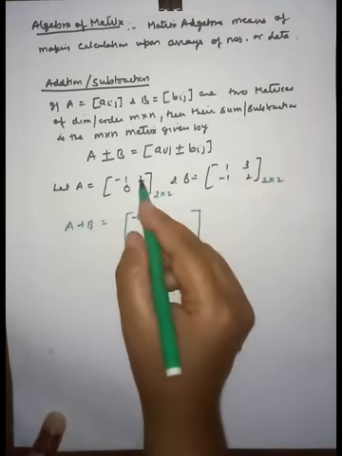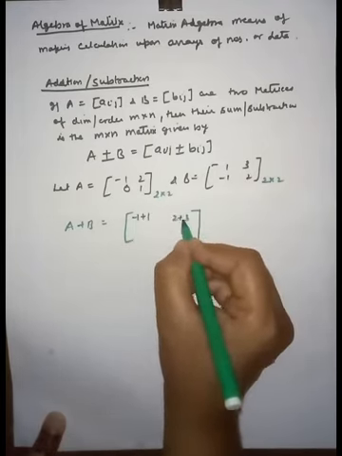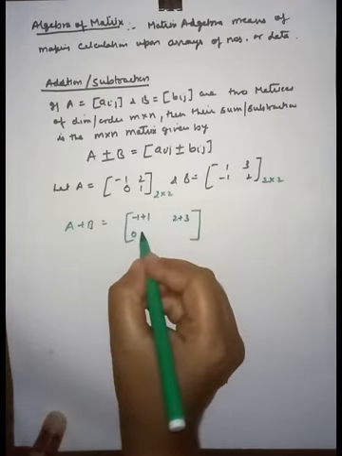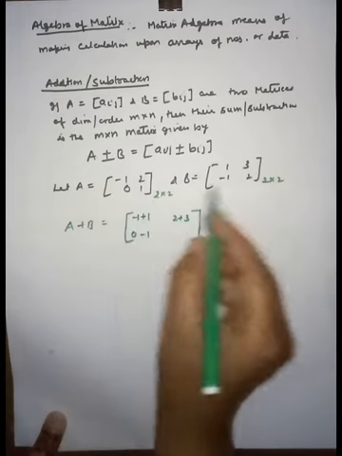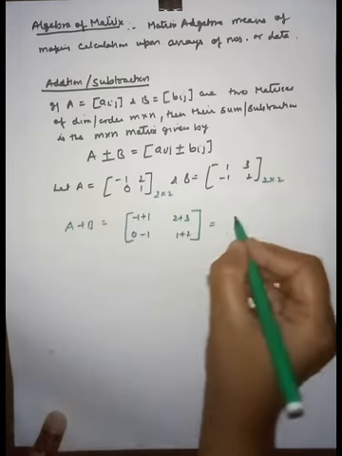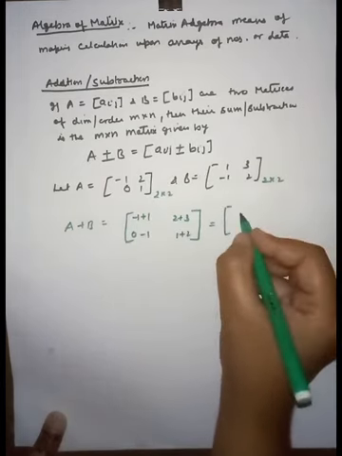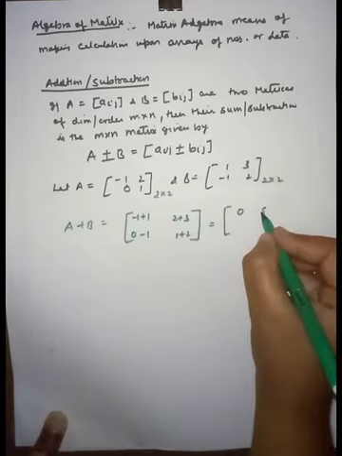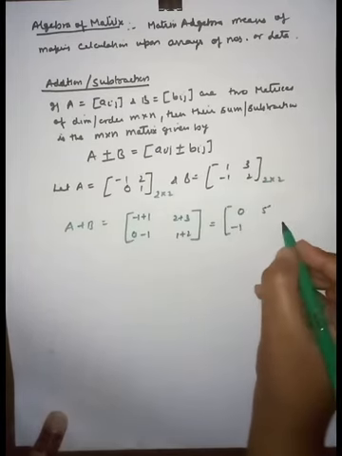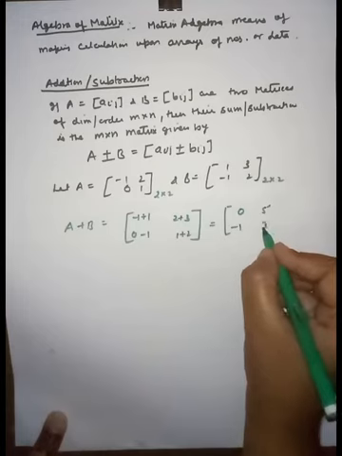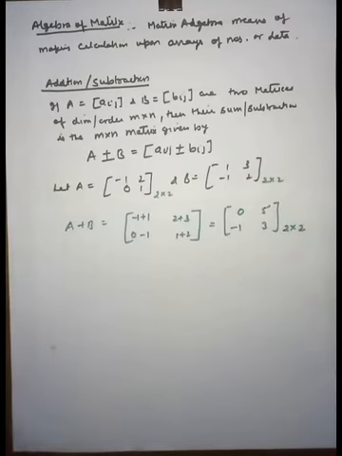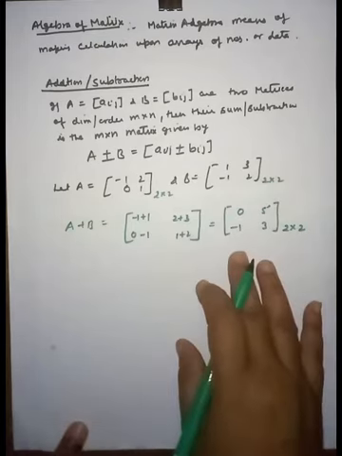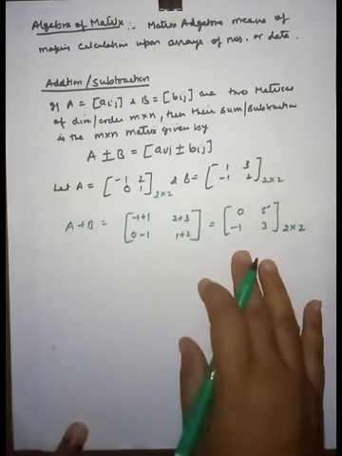Now in the second position you write 2 plus 3. In this position you write 0 plus -1, and 1 plus 2. So the values come 0, 5, -1, and 3. And this matrix is of the same order, 2 cross 2. So this is an example of addition.